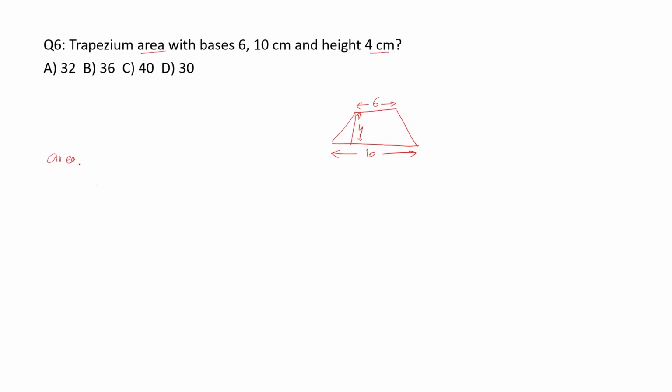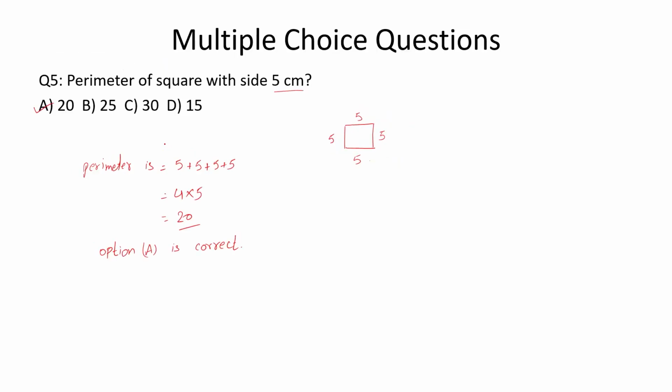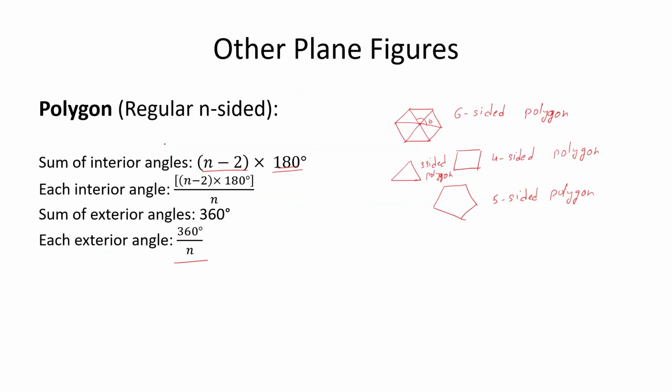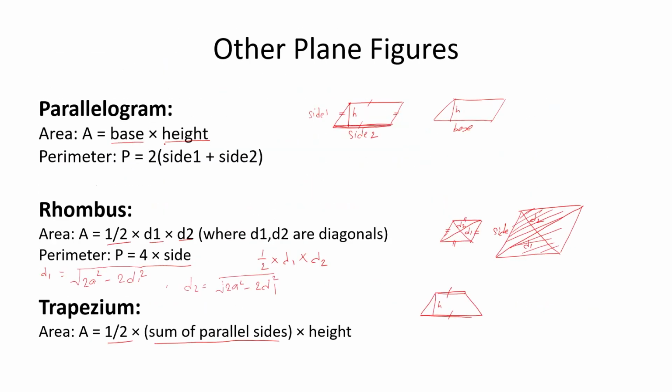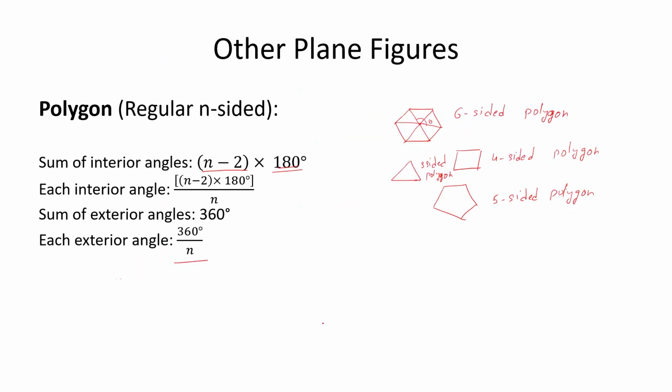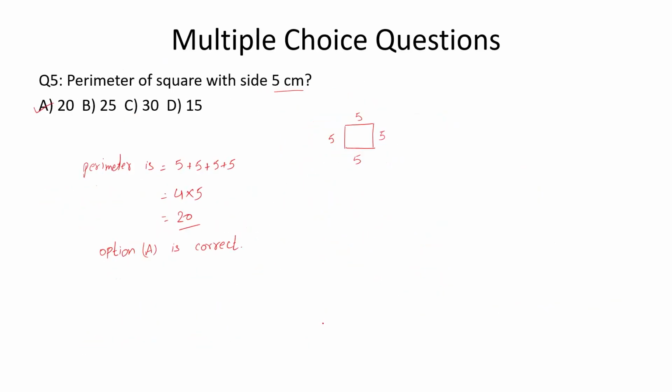What is the formula? Area of a trapezium. So, if you don't know, just go back and check the shape as well as the formula. Trapezium's area is 1 by 2 into sum of the parallel sides into height. All the information is given.